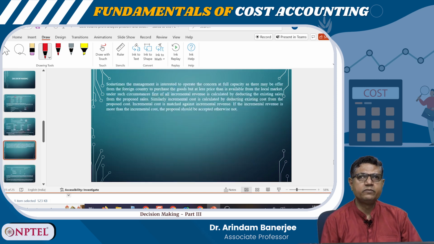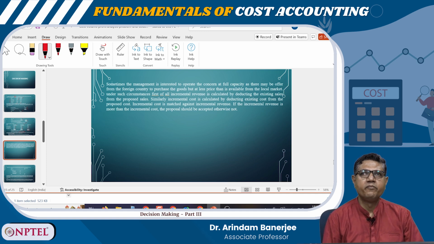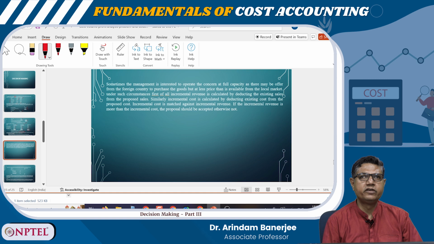Sometimes the management is interested to operate the concern at full capacity, as there may be an offer from a foreign country to purchase the goods, but at a lower price than is available from the local market. Under such circumstances, first of all, incremental revenue is calculated by deducting the existing sales from the proposed sales.